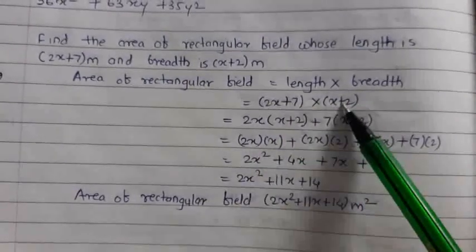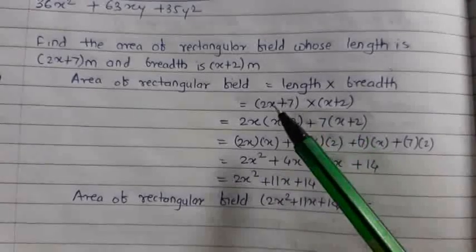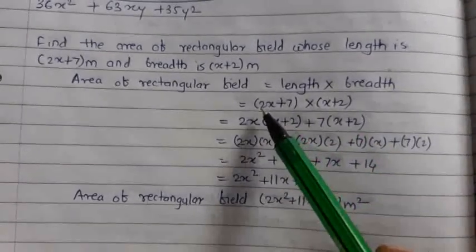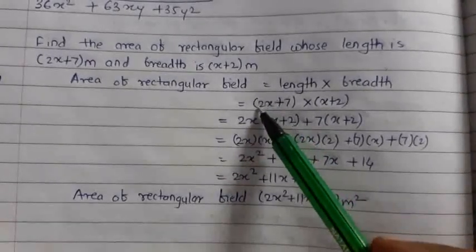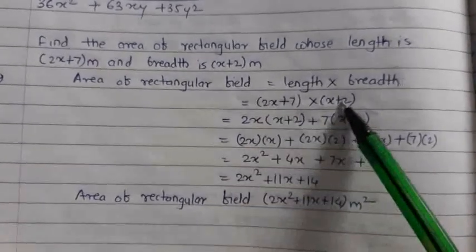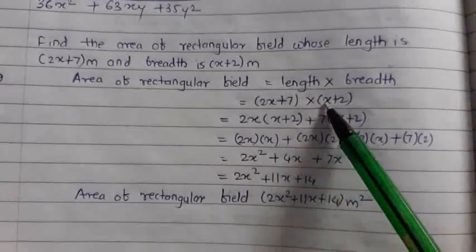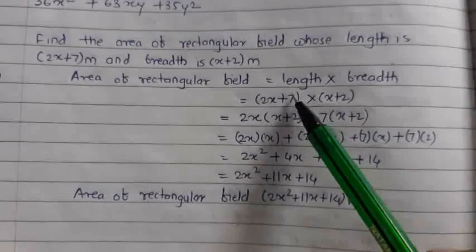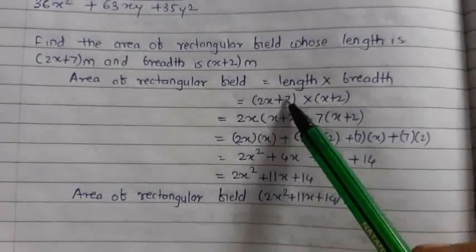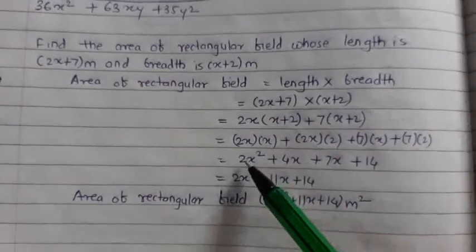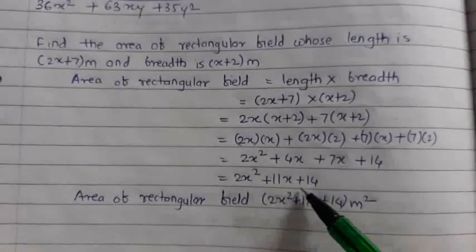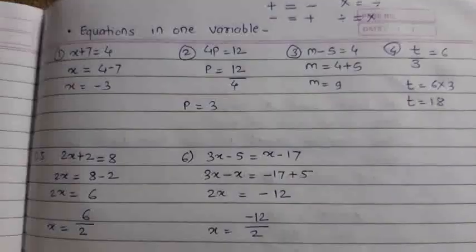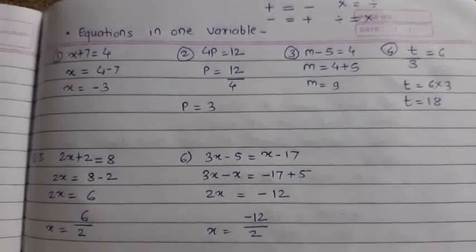How to do this? You have to multiply the first binomial by the second binomial. So from this 2x we will multiply the whole bracket. First step is 2x into x, then 2x into 2, then 7 into x, and then 7 into 2. So it will give us 2x square plus 11x plus 14. This is the area of that rectangular field. Based on this, you can solve practice set 35.